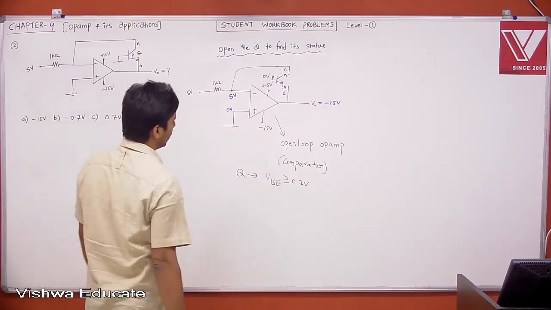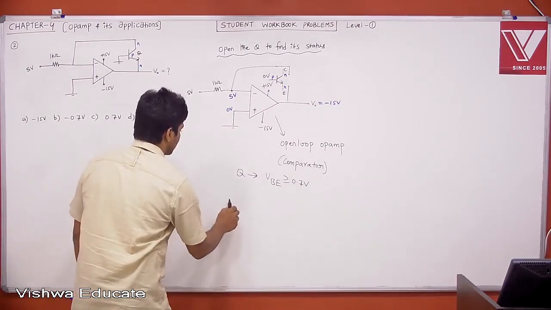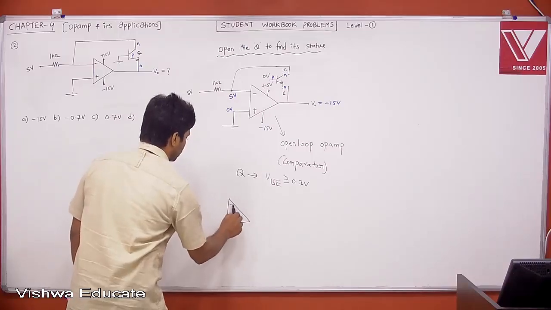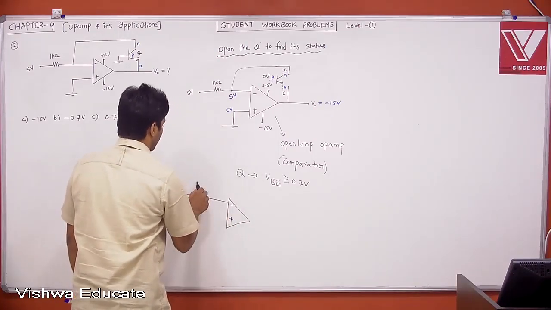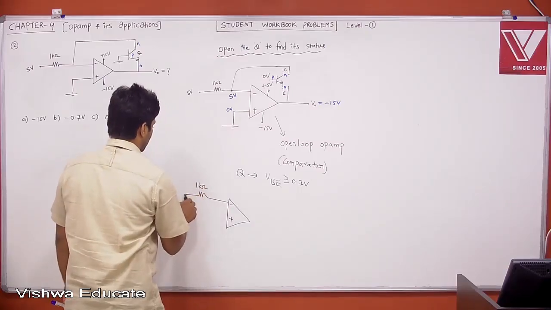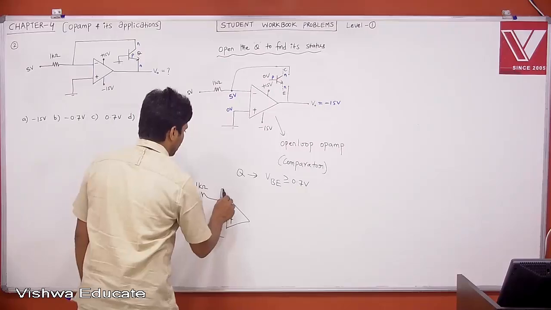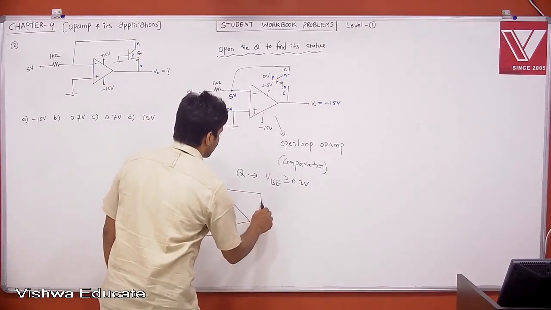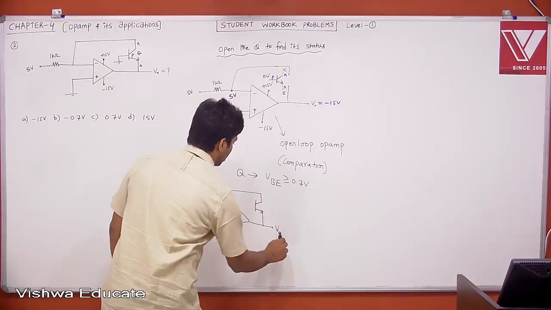Therefore, now if you calculate, your transistor is on. When transistor is on, this is minus, plus, this is 1 kilo ohm, this is 5 volt. Now your transistor is conducting. Conducting in the sense, let's see what is the region and what is the voltage and all. This is what your V0.